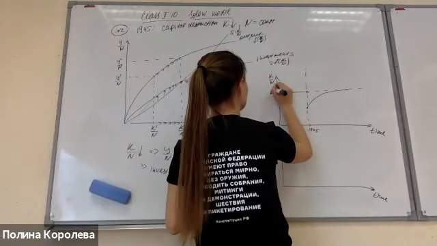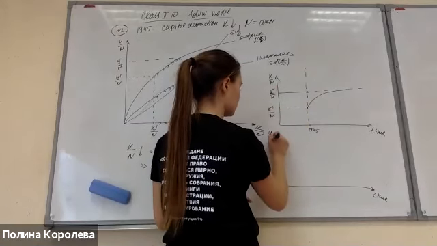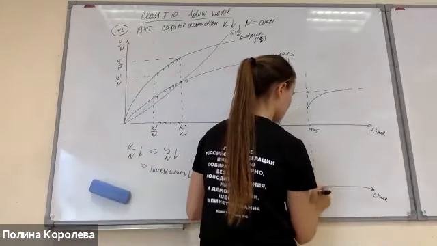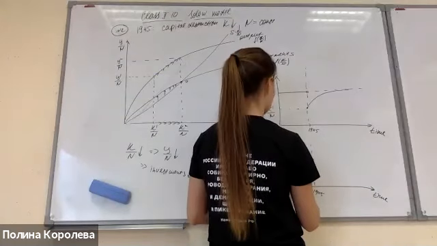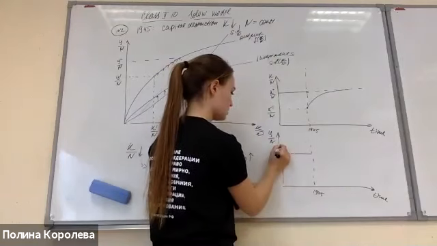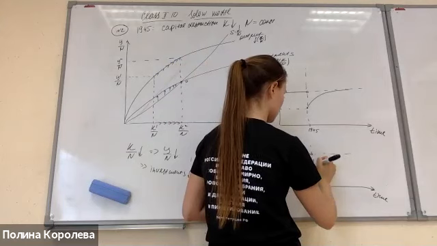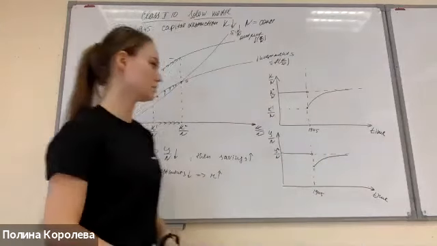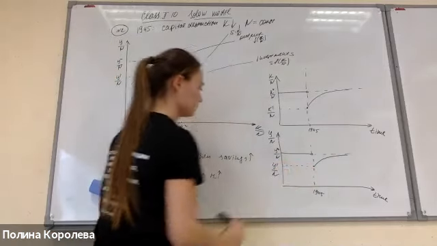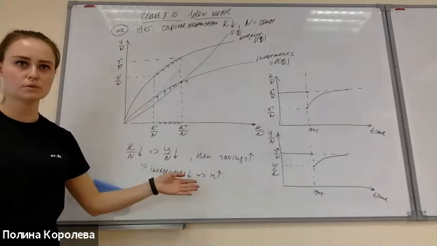So here will be K star over N, and this is half, K prime over N. And if we look at output per worker, same graph, same dynamic. Here the shock, and output per worker goes from the steady state, then you see the jump down, and then it moves back to the steady state level. This is output per worker. Okay, good.